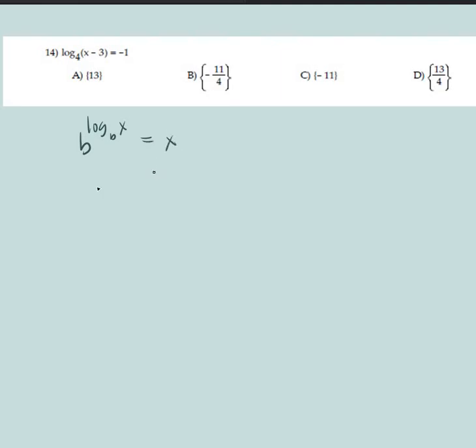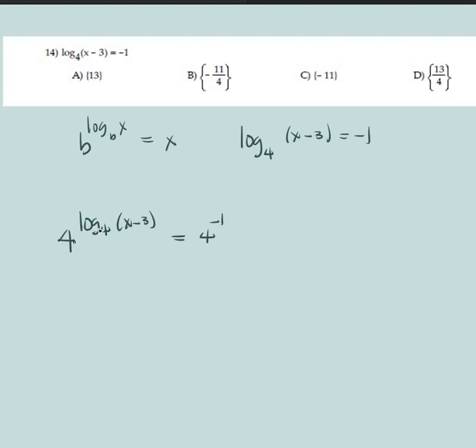So let's apply it again. We know the base here. Let's write here the problem. The problem says log base 4 of x minus 3 is equal to -1, right? The base is 4. So the base being 4, we're going to do 4 to the log base 4 of x minus 3 is equal to 4 to the power of -1.